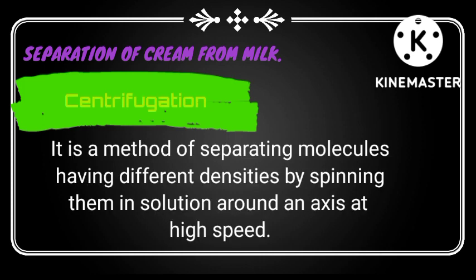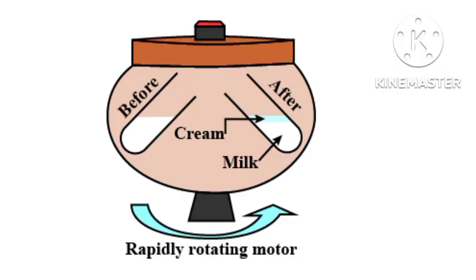We can separate the cream from the milk by the centrifugation method. Centrifugation is a method of separating molecules having different densities by spinning the solution around an axis at high speed. Take some full cream milk in a test tube and place this test tube in a centrifugation machine for 2 minutes.